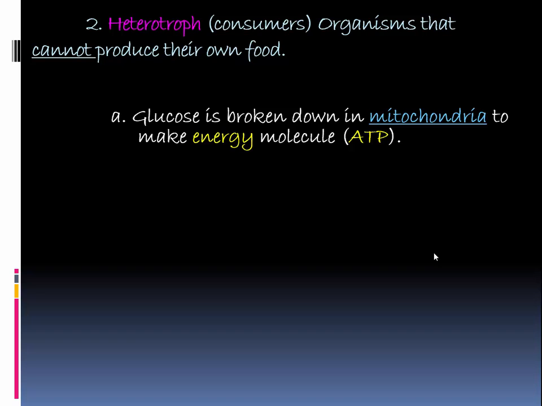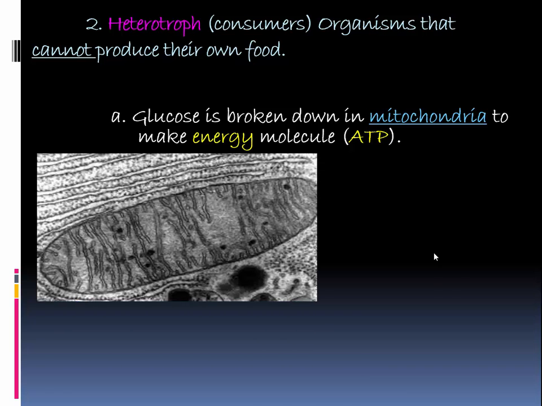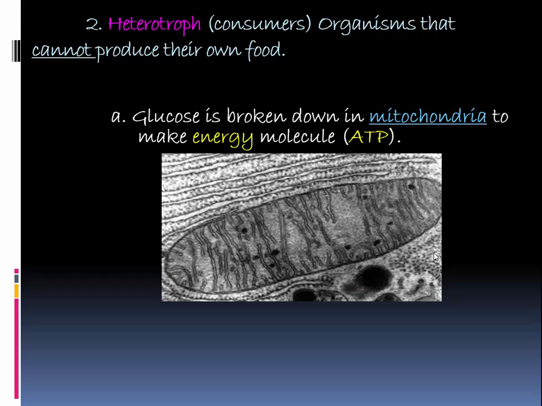The mitochondria is used to help make this energy molecule called ATP. And that mitochondria is that bean-shaped organelle that's inside of our cells, and we have lots of them, especially in our muscle cells, the ones that are going to use a lot of energy.